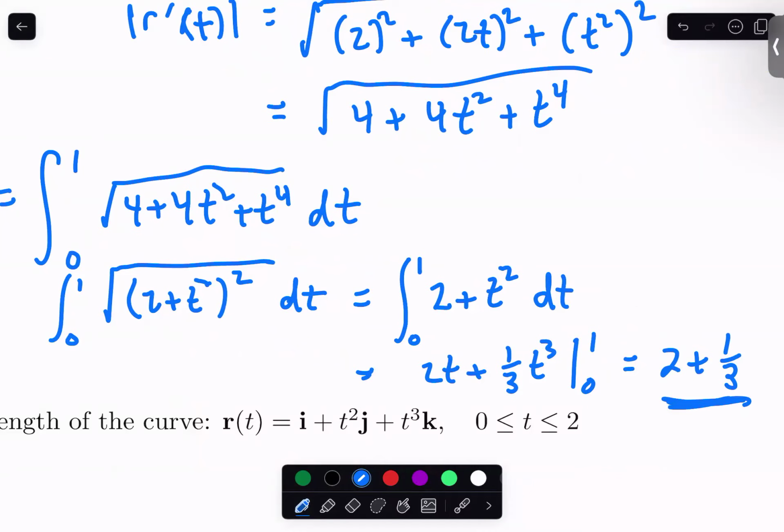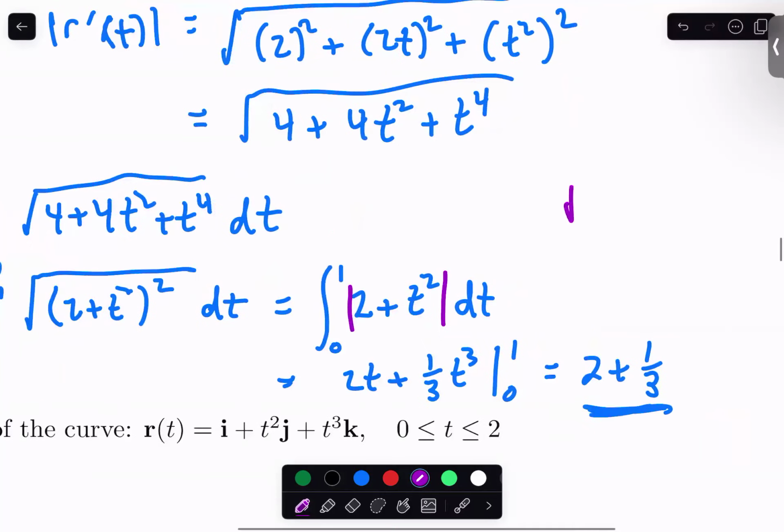I lied to you only once during this. And that is when you have the square root of something squared, those don't exactly just cancel. Technically here, this is the absolute value, right? One very reasonable definition for the absolute value is that you take something, you square it, and then you square root it.